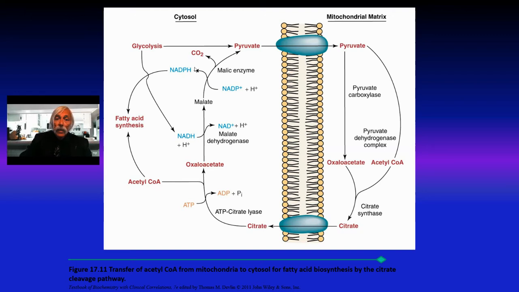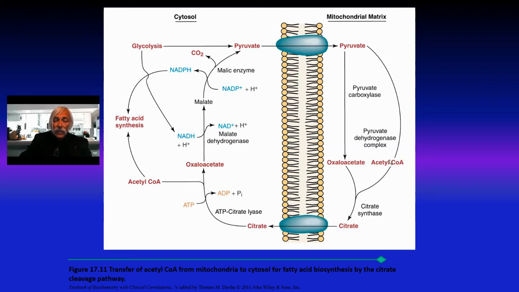So anyways, again, looking where OAA comes from, now watch this. If you've got pyruvate being synthesized from glycolysis, which you know is a major end product, pyruvate can enter the mitochondrial matrix and go through the pyruvate carboxylase reaction or the pyruvate dehydrogenase reaction.